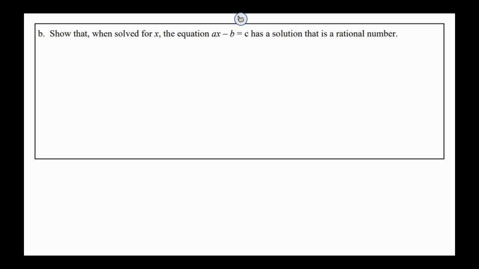Part B, show that when solved for x, the equation ax minus b equals c has a solution that is a rational number. So go ahead on your paper, solve that equation for x.